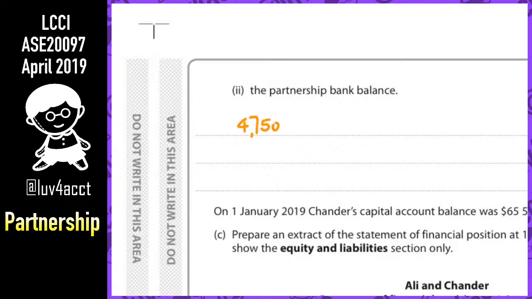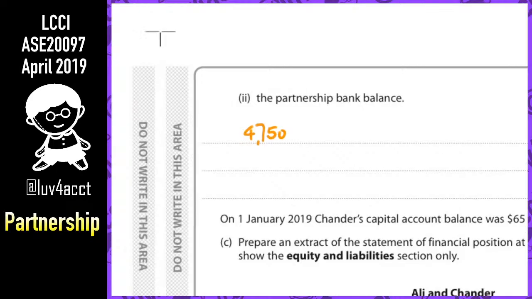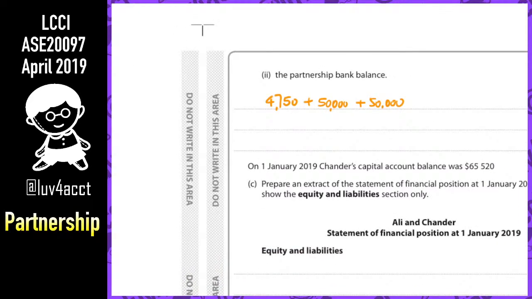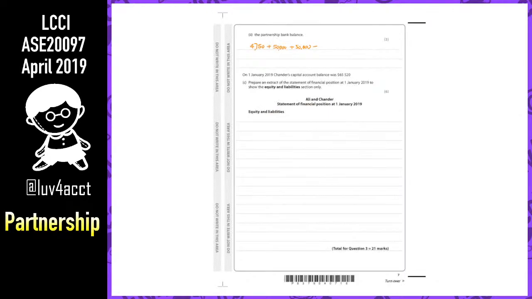And then from Ali and Chanda, each has given 50,000 to the business as a loan, so as to finance the settlement to Bob.